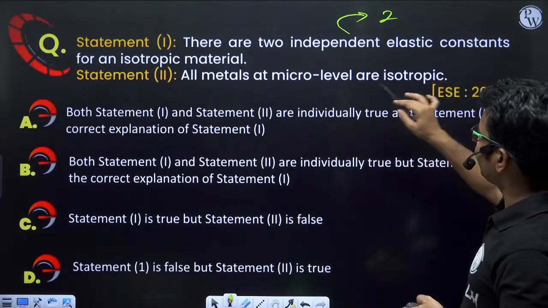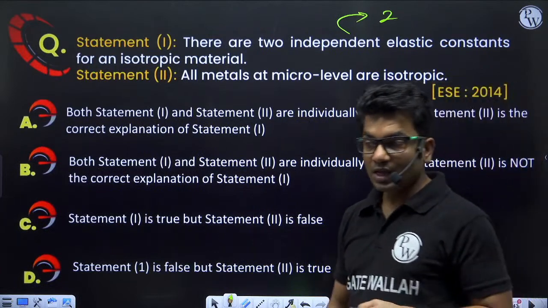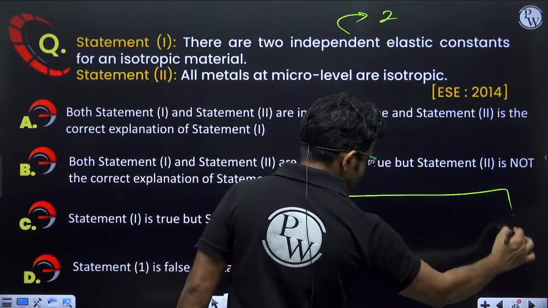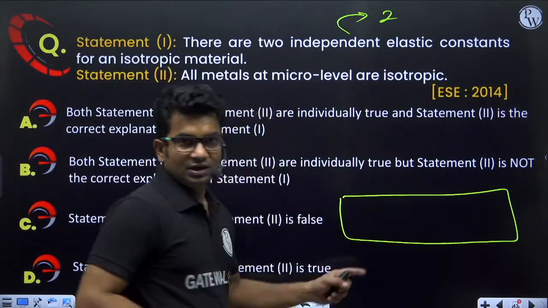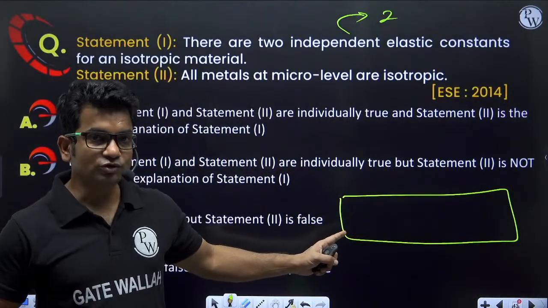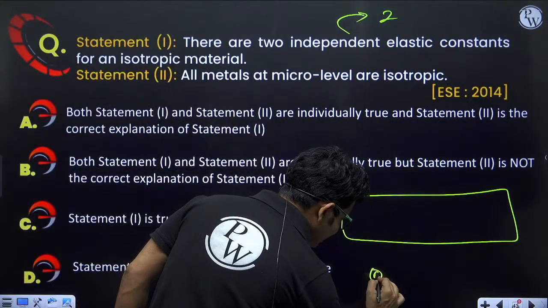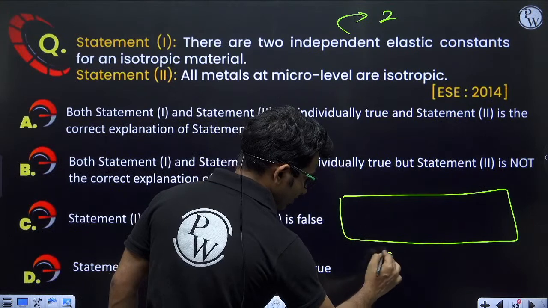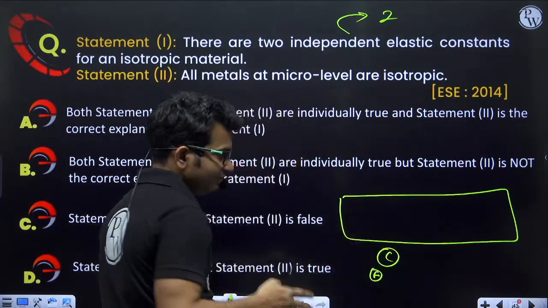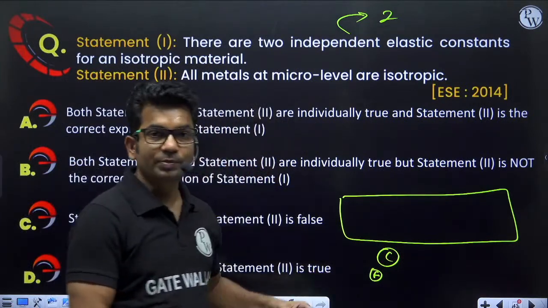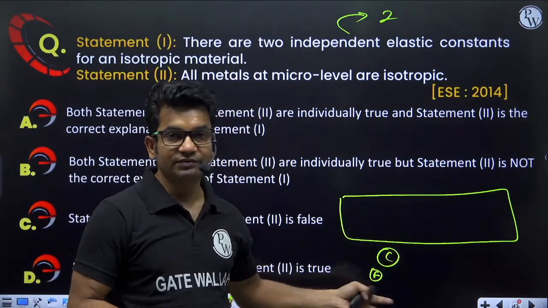Statement 2. All metals at micro level are isotropic. If we go to micro level, let us say this is steel. We say that steel is isotropic. But when we go to the micro level, we will find here it is iron, here it is carbon atom, and properties will differ in different directions.